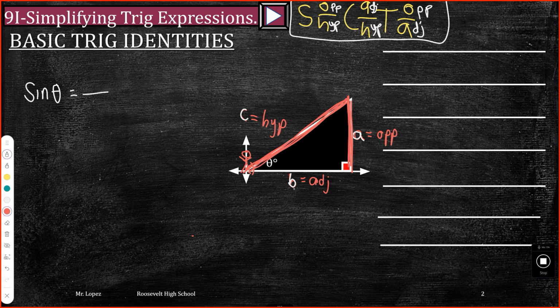S stands for sine, S-I-N. The length of OPP is A and the length of HYP is C. So you're supposed to say A over C.